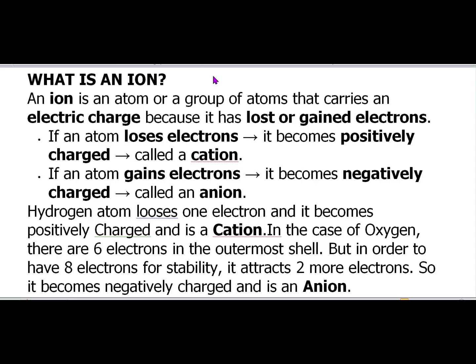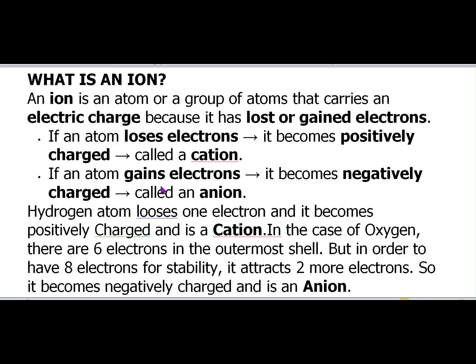We will see what is an ion. An ion is an atom or a group of atoms that carries an electric charge because it has lost or gained one electron or two electrons. If an atom loses electrons, it becomes positively charged and is called a cation.